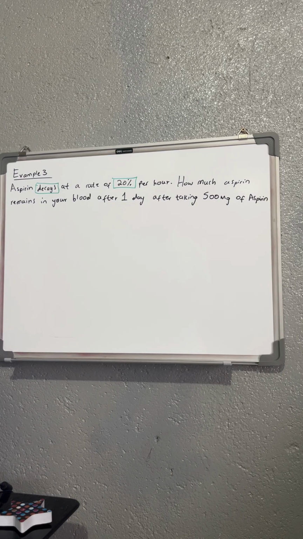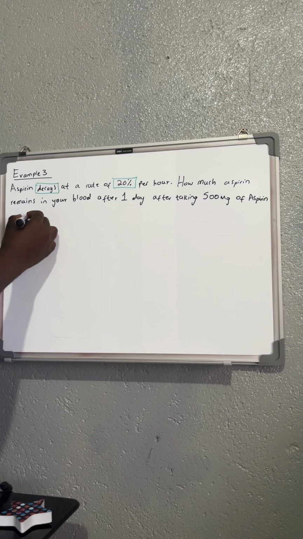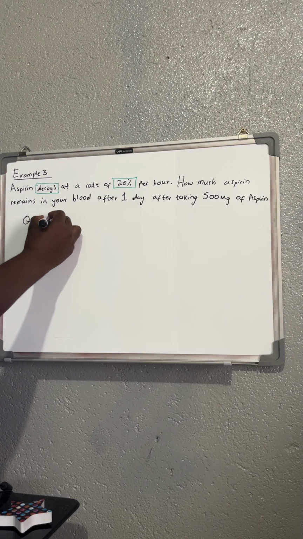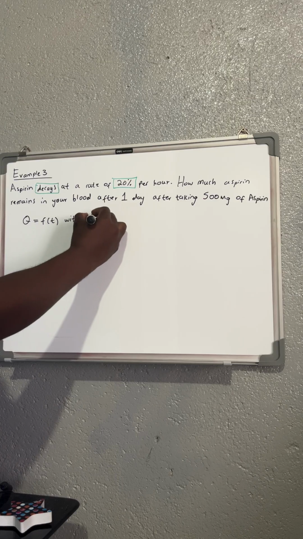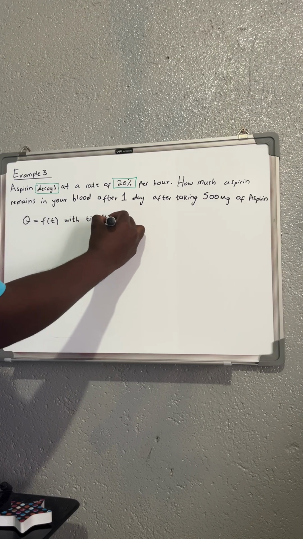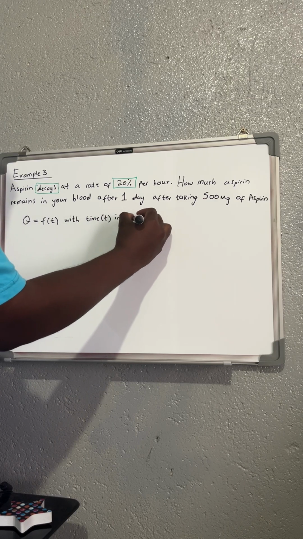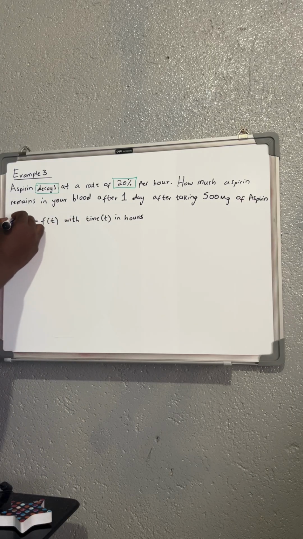So here we're working with quantities. So now I can just say, let quantity be a function of time with t in hours. So now we are about to start.